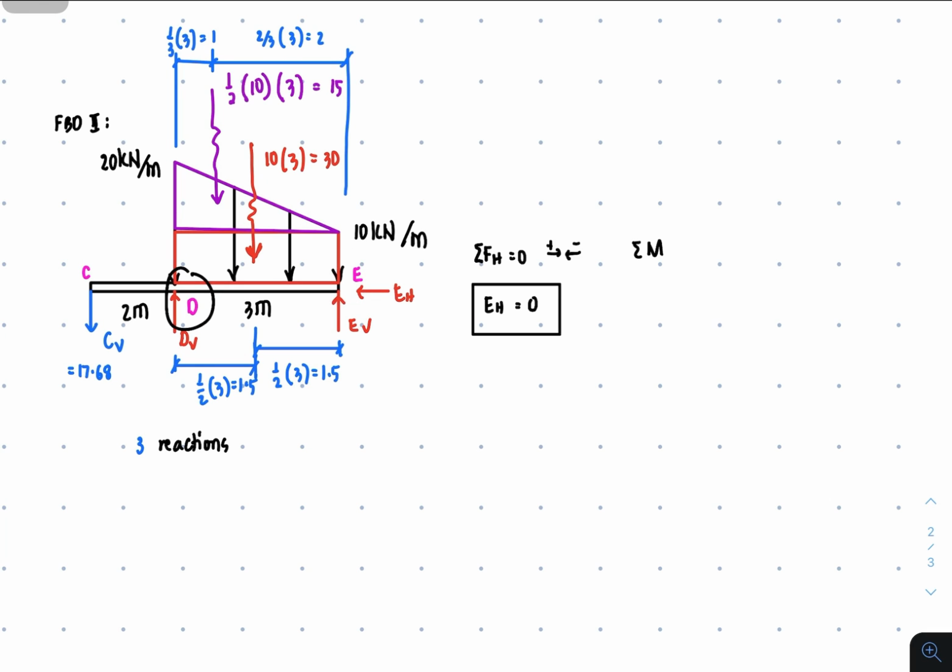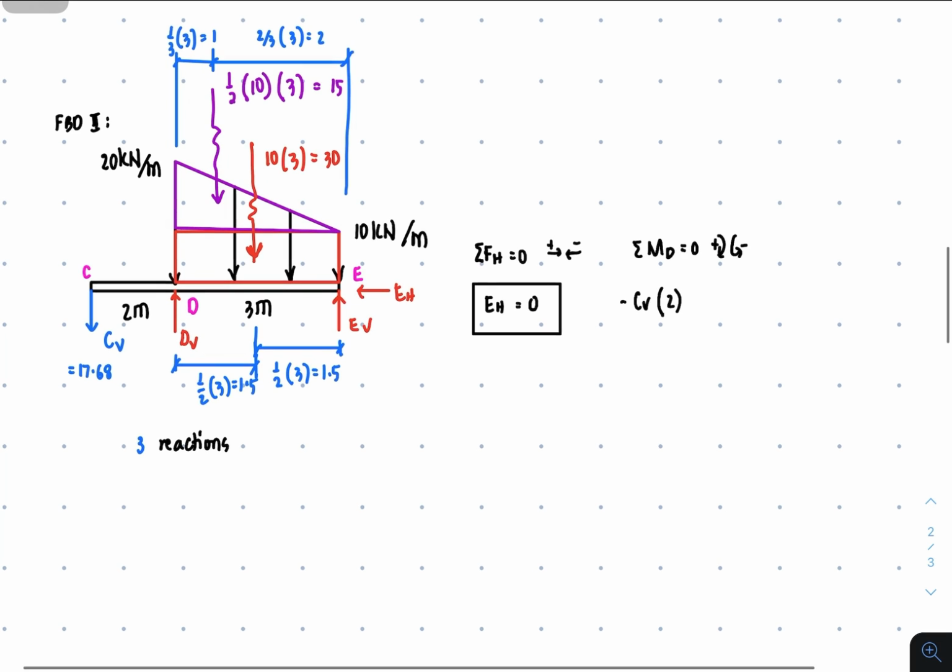I'd like to use summation of moment about point D. Rotating about point D, clockwise is positive, counterclockwise is negative. CV rotates about point D counterclockwise, so it's negative CV times the distance of 2 meters.